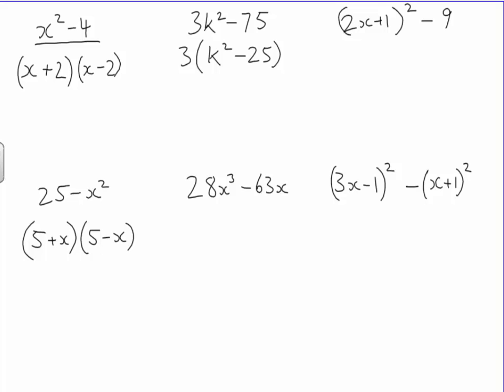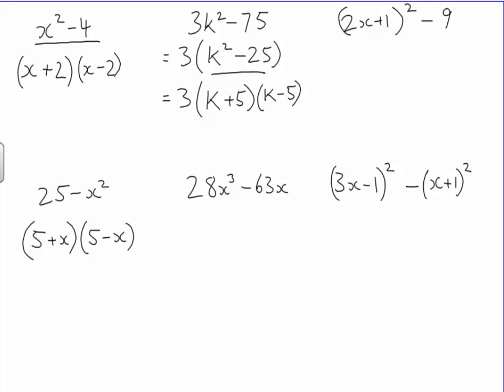Now you can see that just here, k squared take 25, that's the difference of 2 squares. So just keep the 3 where it is and put k plus 5 and k take 5 to factorise that fully. And I should put my equal signs in as well.